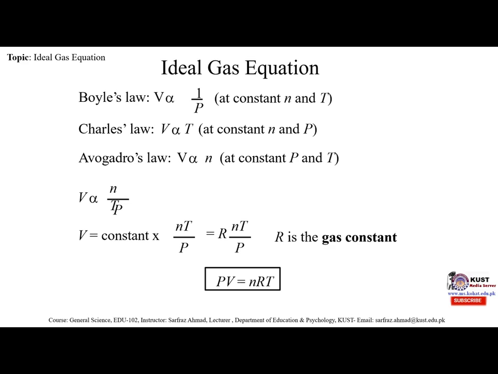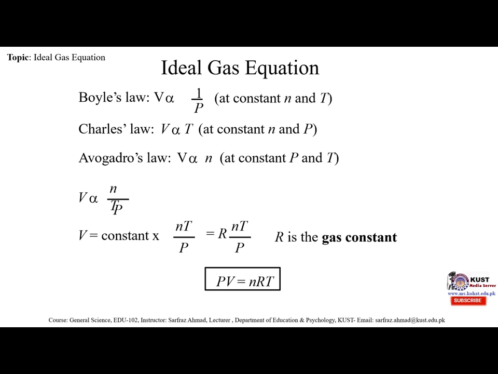Here small n is the number of moles. Capital R, this is the universal gas constant, and its value is 8.3145 joule per mole per Kelvin. Clear?